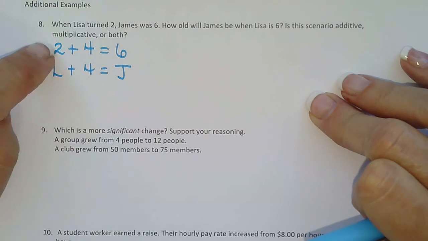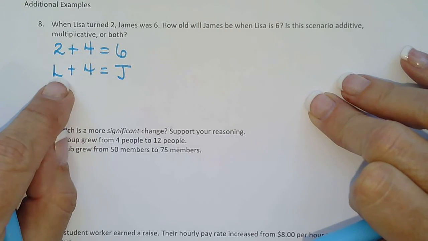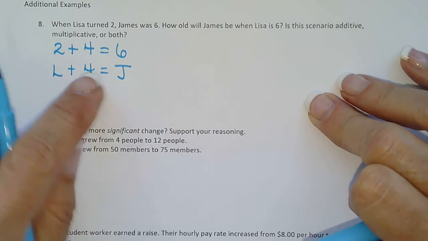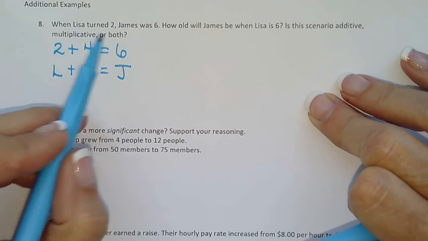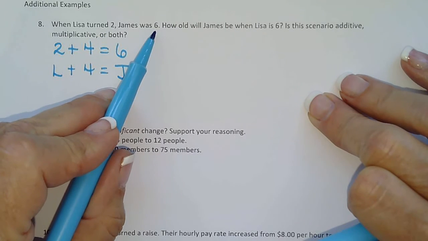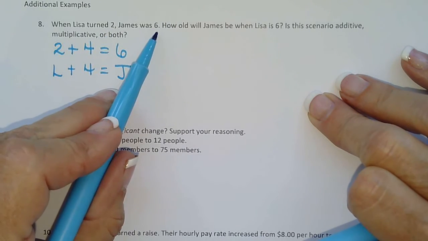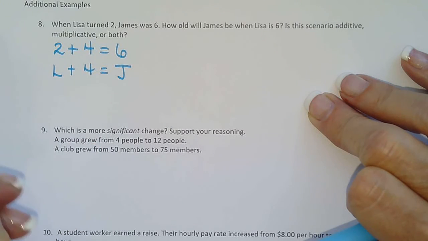Lisa's 2. If you add 4 to her age, you get James. So we'll call Lisa L. If you add 4 to her, we get James. And again, we can't use multiplication because true, James is 3 times older than her now. But next year, when she's 3 and he's 7, he won't be 3 times older. That's why we can't use multiplicative.